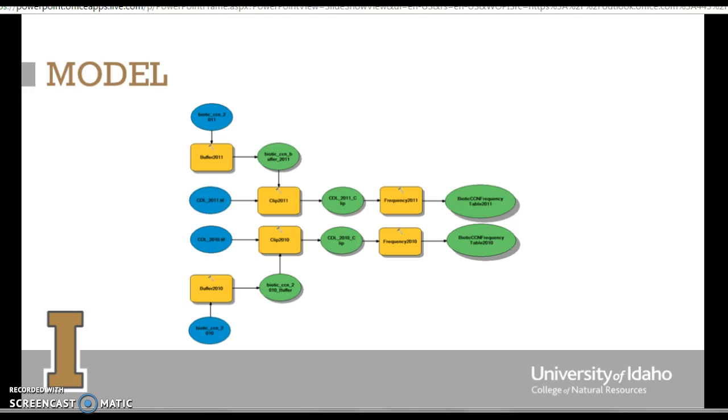I then took that 200-meter buffer zone and the cropland data layer from the same year, and I clipped it so that I got the cropland data information that was only within the 200 meters of where the nematodes were found, and that's where the second green circle appears. I then did a frequency to create an attribute table that showed the frequency of different crops grown within 200 meters of where the cereal cyst nematodes were found. And then I did that for the second year also.